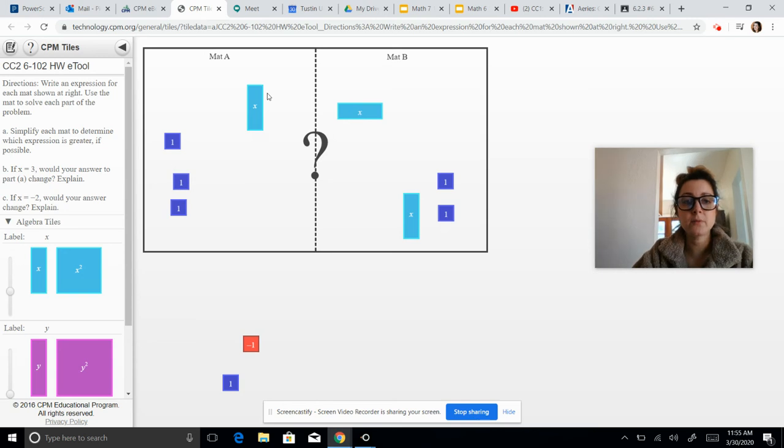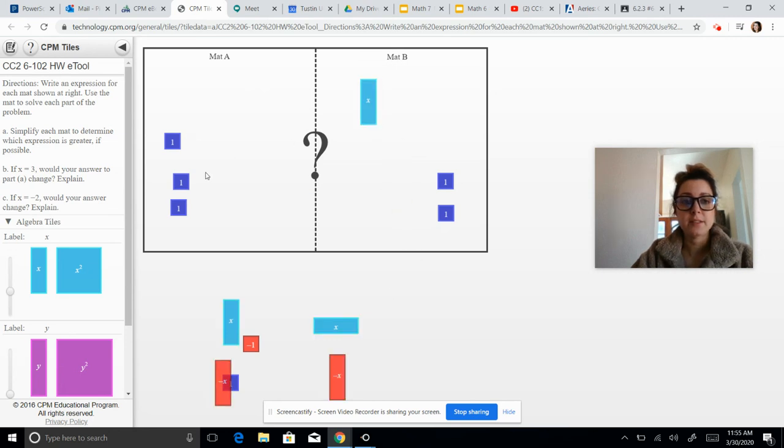Okay, so let's say that we want to get rid of these guys. We can add in the opposite. So we can have a negative x on both sides. And we can do that because it's a balanced set and it's a zero pair.